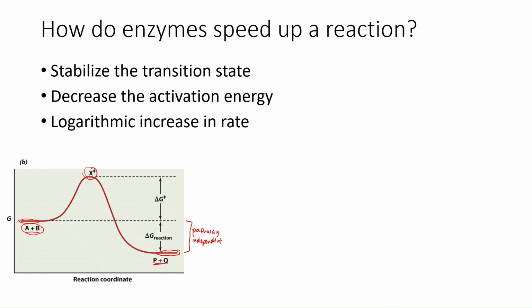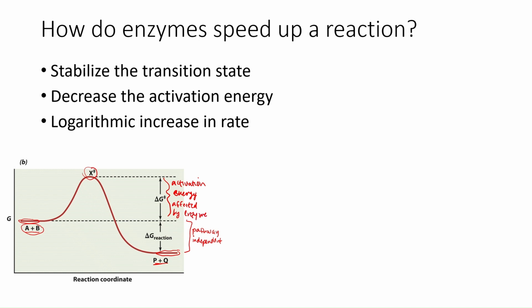So the transition state is this intermediate form that is relatively unstable and higher in energy than both the reactants and the products. And the energy change needed to get here is the activation energy, which is shown over here. And this activation energy is affected by an enzyme.